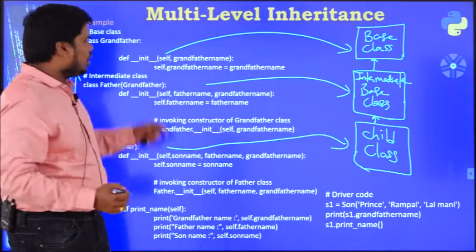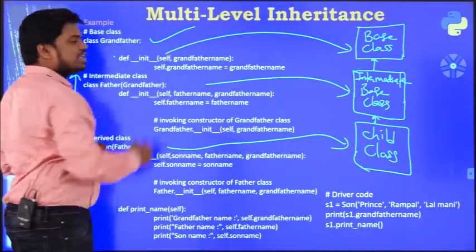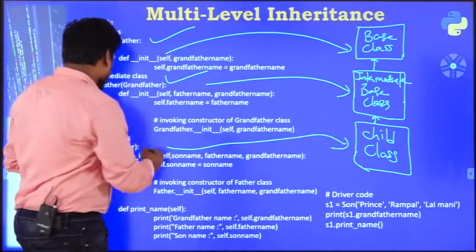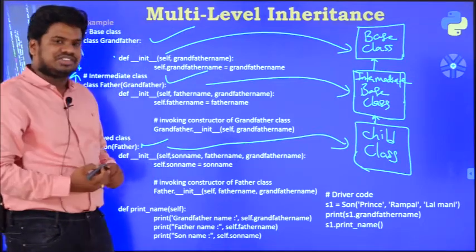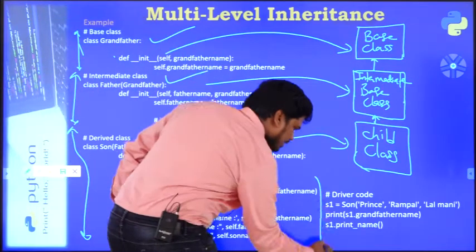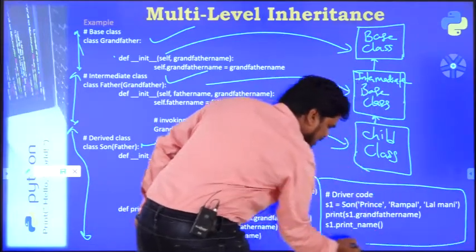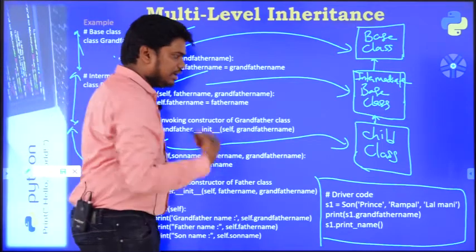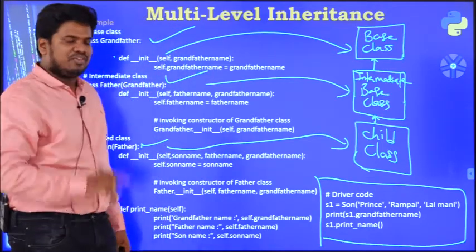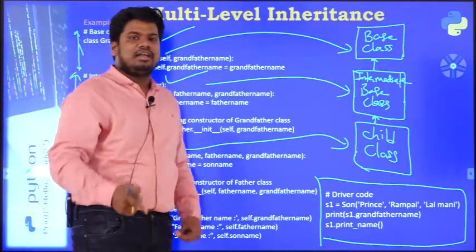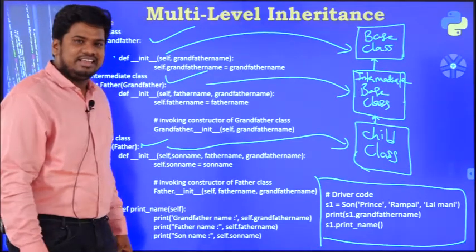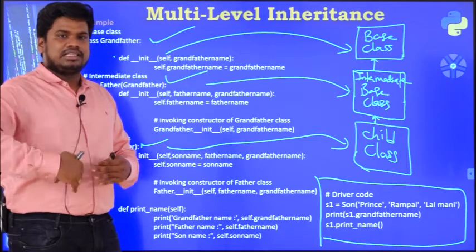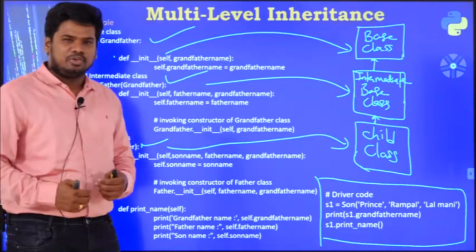And observe, in order to call the grandfather class, the intermediate base class, and the class of son, I need an important thing, that is a main driver code. Here I have written my driver code. Observe carefully how multi-level inheritance will work. You will understand easily. I will explain it line by line, that means I will explain the tracing part in detail.